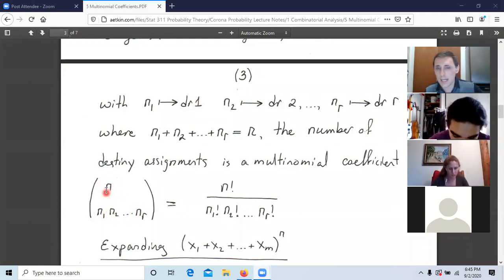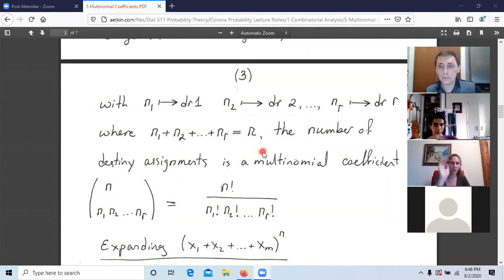That means this is assigning distinct objects, the knights, to their distinct destinies, dragon 1, dragon 2, all the way to dragon R. Make sense? So that means distinct objects, distinct categories, and this is how many objects each category requires. They have to add up to N. So we have N factorial over N1 factorial, N2 factorial, all the way to NR factorial.